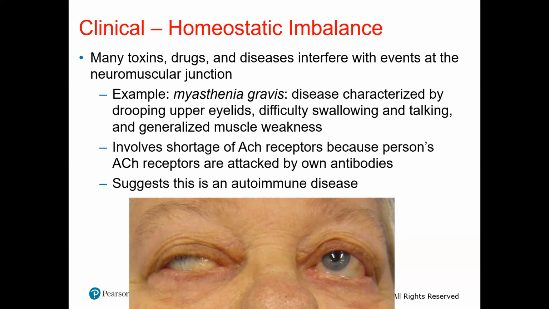Without the gates functioning, we're not going to get the sodium. So we are attacking our own acetylcholine receptors at the motor end plates of all this skeletal muscle. It's an autoimmune disorder.